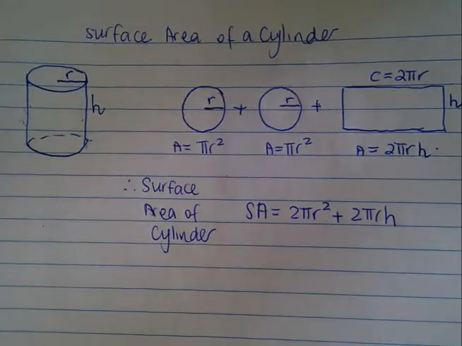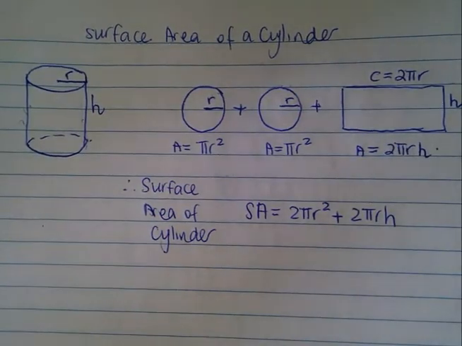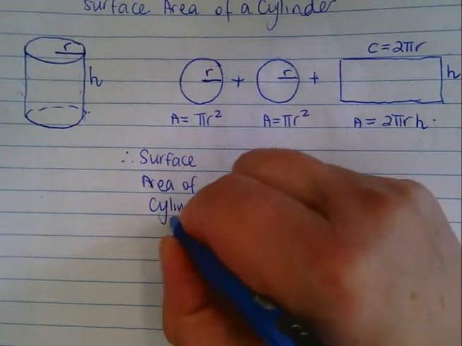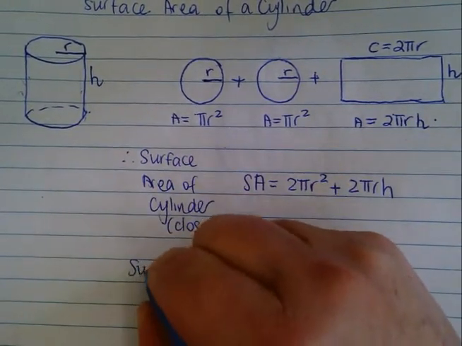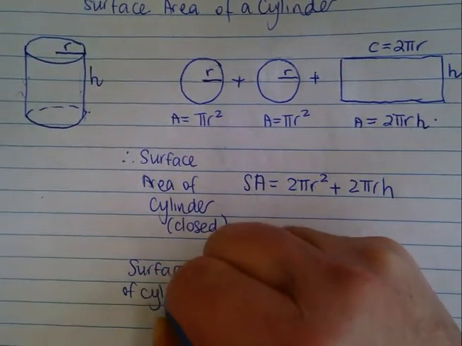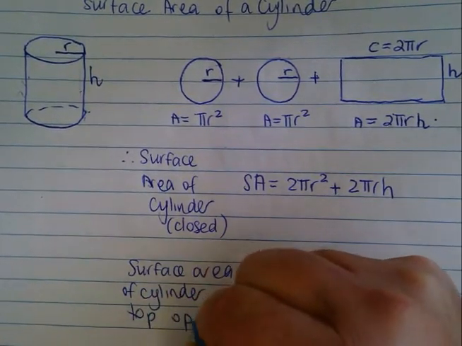So we've got 1 circle, 2 circles, and the curved bit is 2 pi r h. The reason why we don't just give you the formula is that I can ask you for the surface area of a cylinder that's closed. Can you tell me the formula for the surface area of a cylinder with the top open?